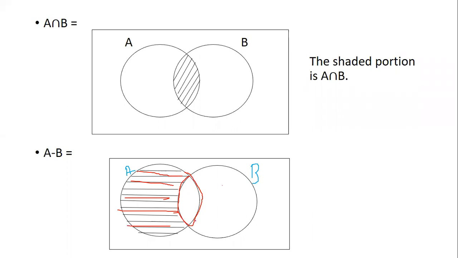This is empty. I have not shaded this part because elements which are present only in A and not in B. If I shade this part also, which means common elements are included. So that is why this is left over, and I only shade the A part, which is saying only whichever elements were there in A, I am supposed to consider that.